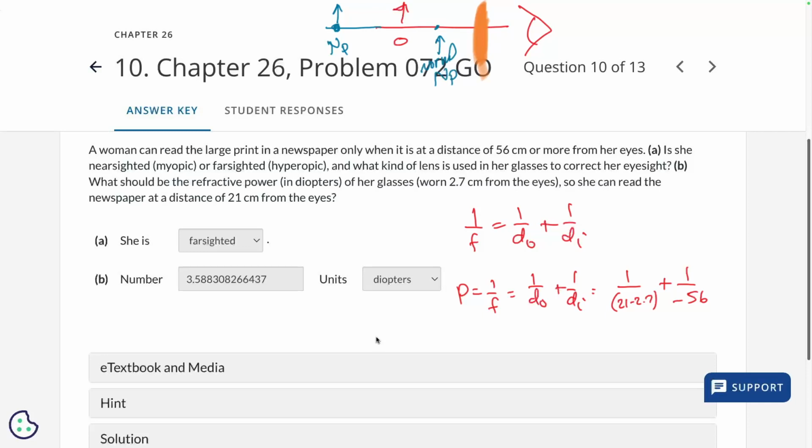Their near point. And for a nearsighted person, where are you putting the image? At their far point, which is not infinity for that person. What's the object distance for the nearsighted case?